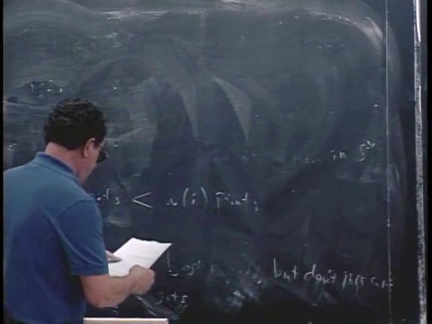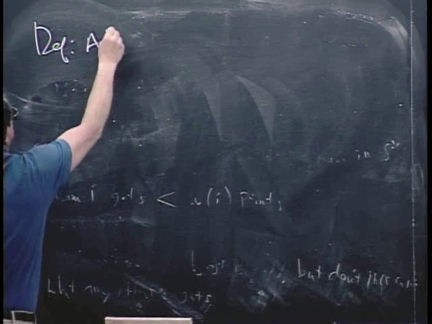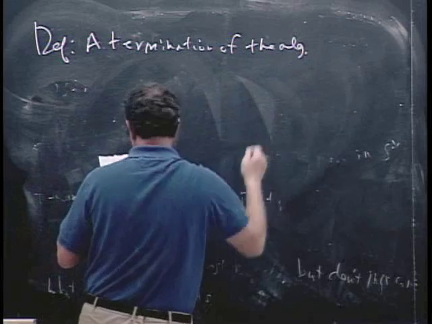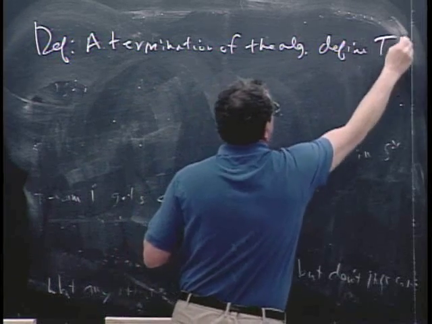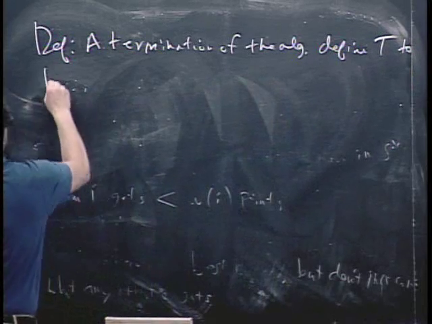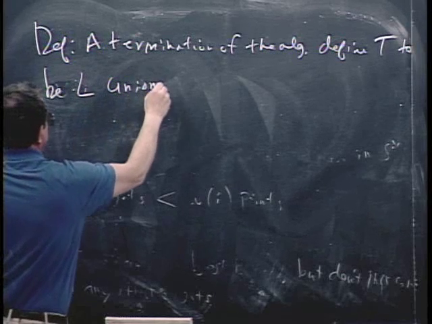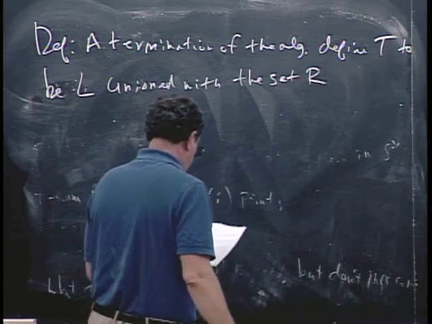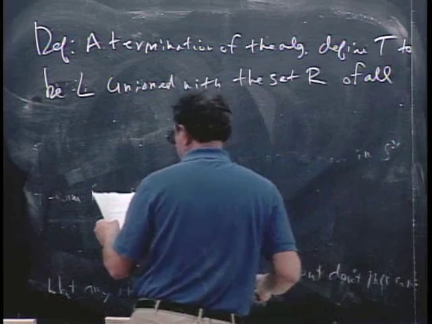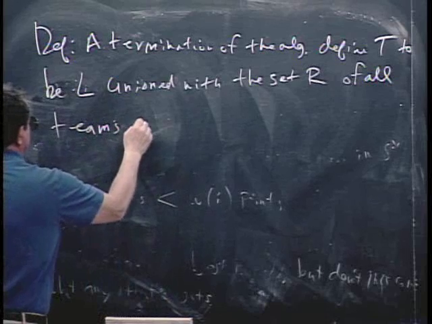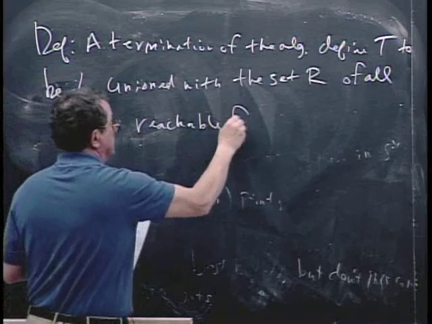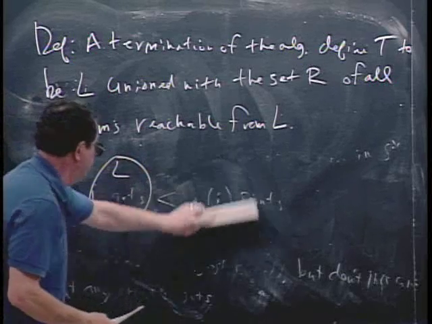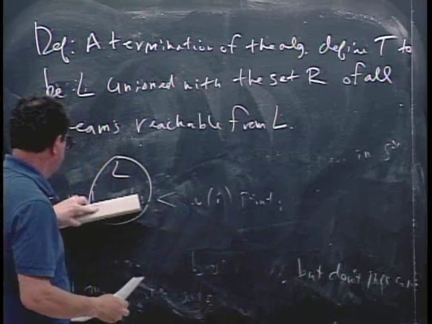At the termination of the algorithm, we're going to define T to be L union with the set R of all teams reachable from L. So again, L at the end of the algorithm is the set which we know, as we just observed, is not empty.